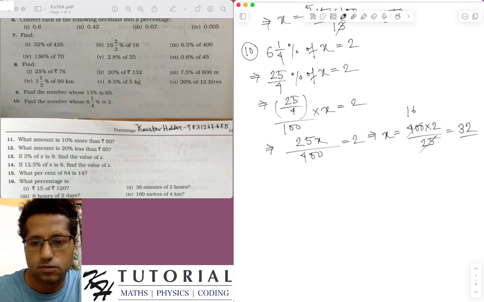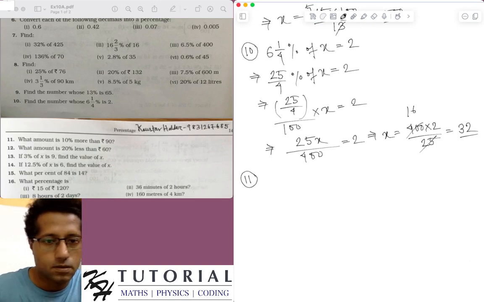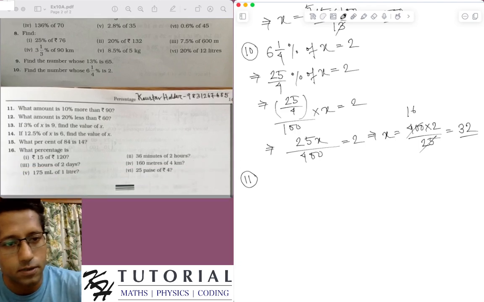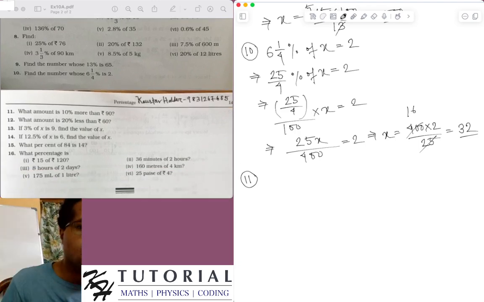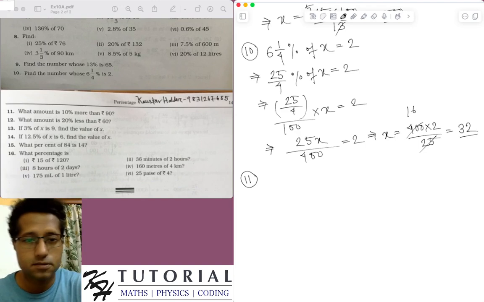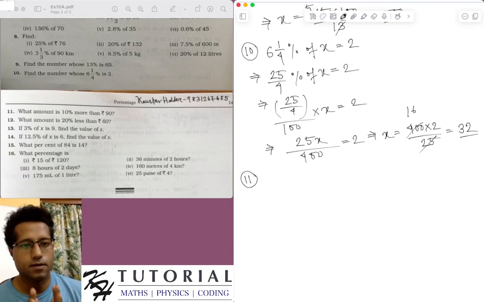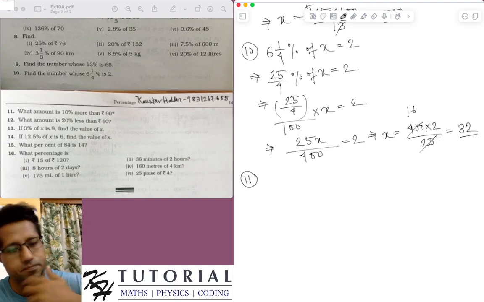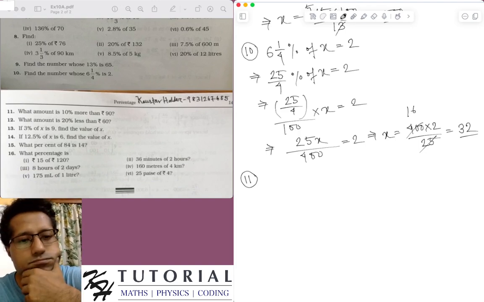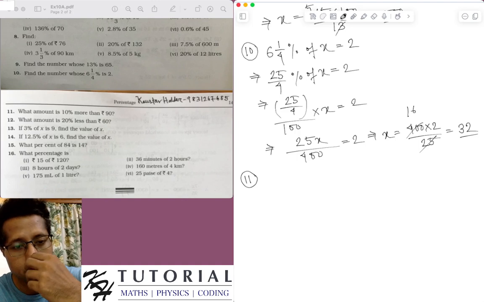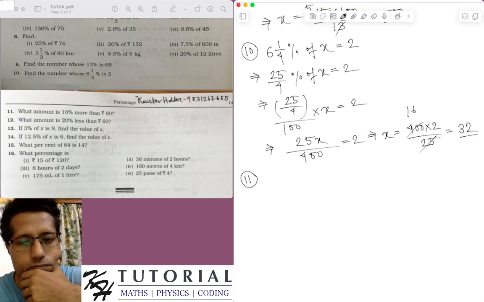Okay, let's do question number 11. It says, what amount is 10% more than rupees 90?